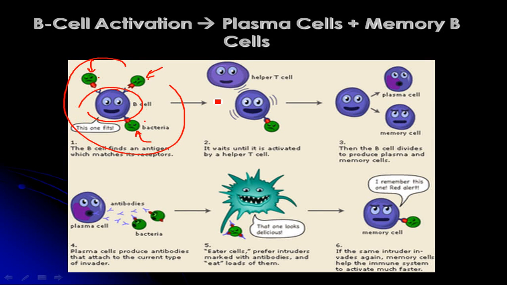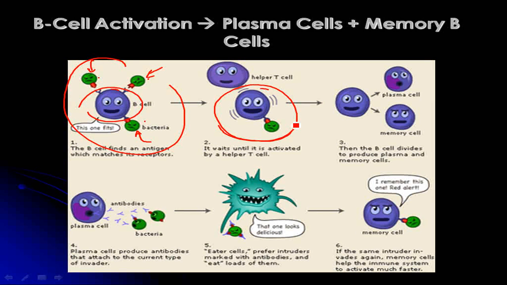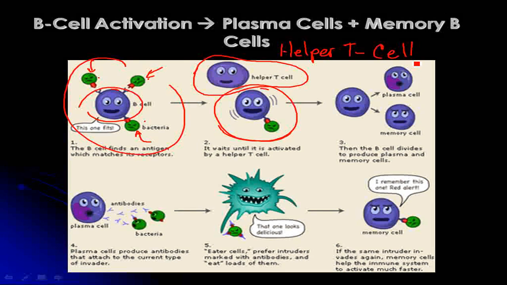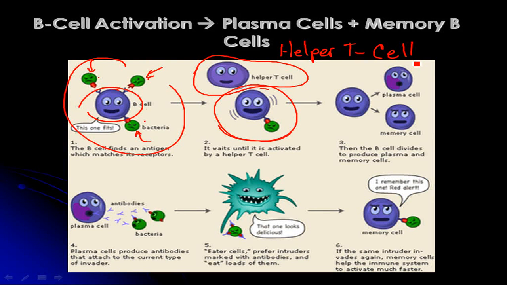One thing is, this is not enough in most cases. There are some cases where it is. But in most cases, another cell has to come along, a type of T cell called a helper T cell, that has also been activated by that same antigen. We'll talk about how that happens.